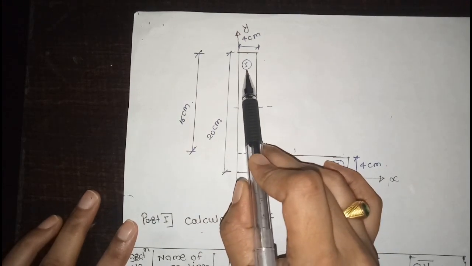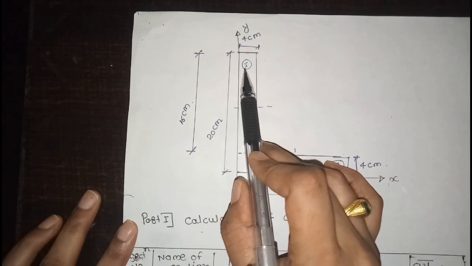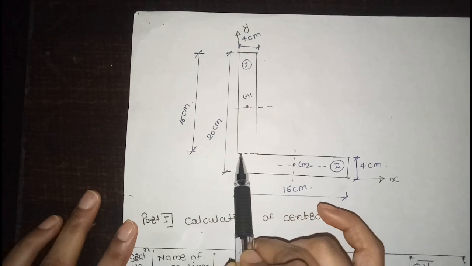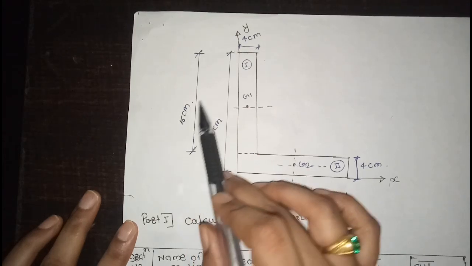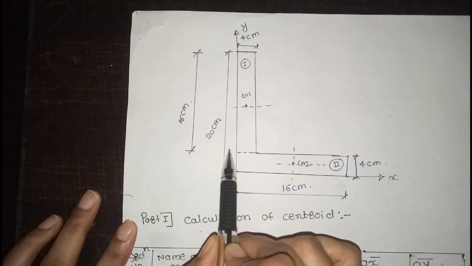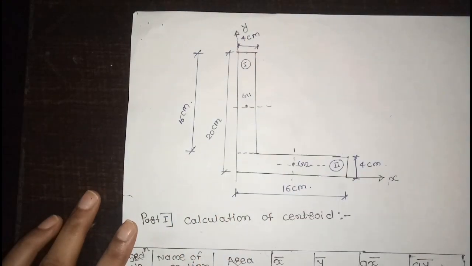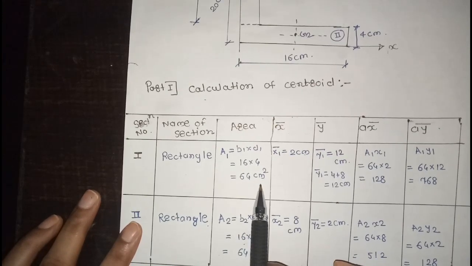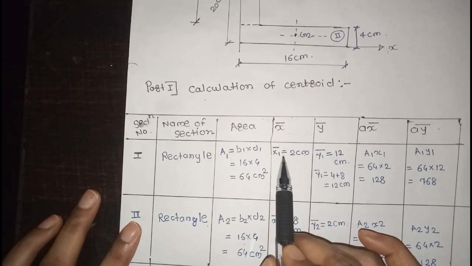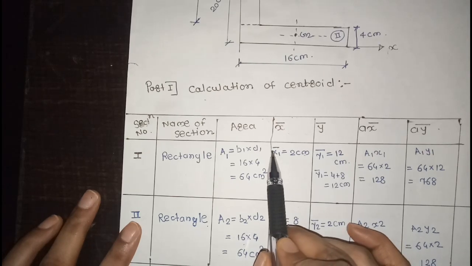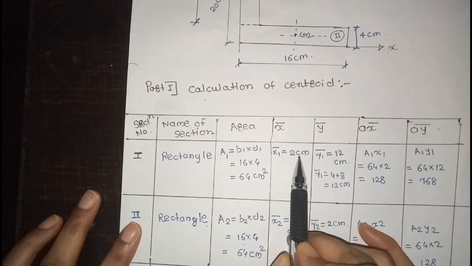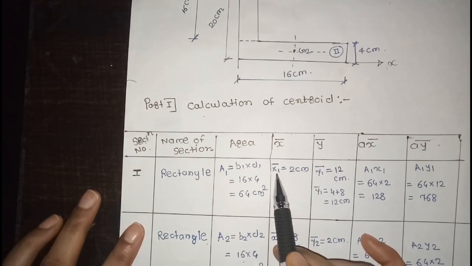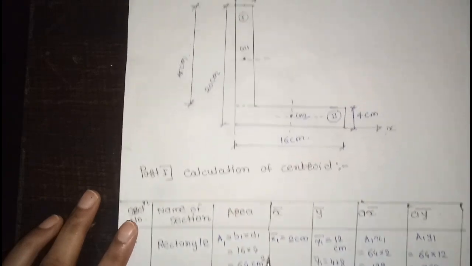Area of rectangle, first section, means A1 is 16 into 4, so 16 into 4 is equal to 64 centimeter square. X bar, means x1 bar, of first section is equal to 2 centimeter. So first of all, we have to know what is meant by x1 bar.